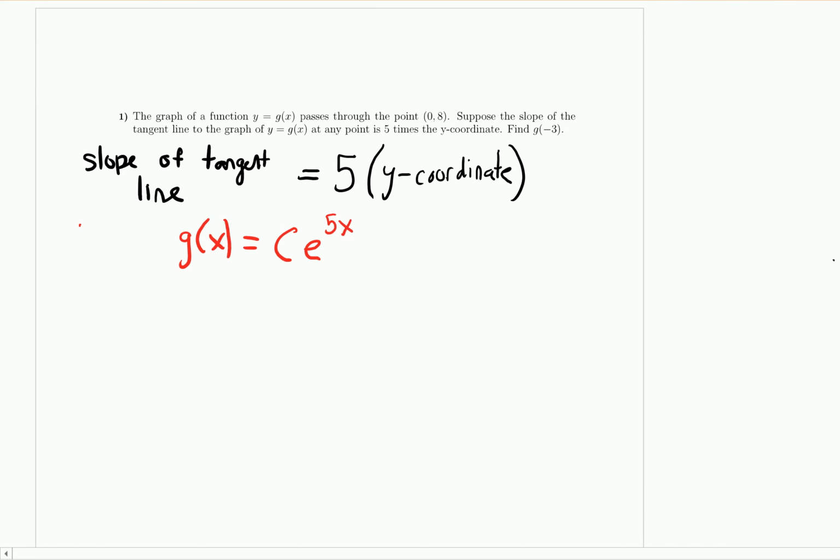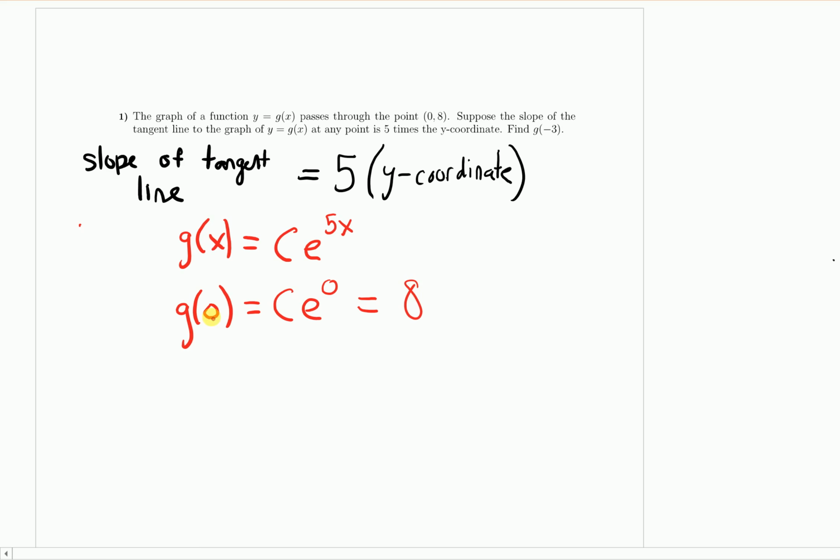So to do that, let's use this given piece of information that they told us. They told us that our function passes through the point (0, 8). So what that means is, if I plug in 0 into my function, what I get is c times e to the 5 times 0, which is 0 in the exponent. This should equal 8.